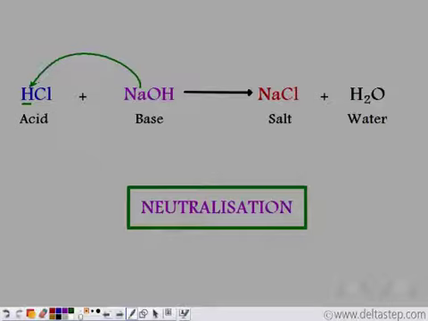So we get NaCl. So salt is formed by the total or the partial replacement of the ionizable hydrogen atoms by a metallic ion. So in this case, NaCl is a salt. And this reaction of acid and base to form salt and water is known as a neutralization reaction.